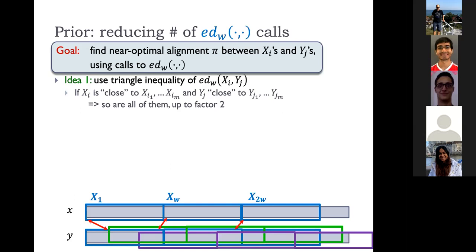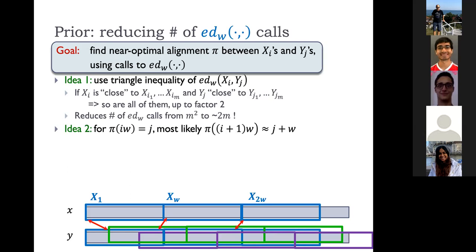Rather than comparing all pairs, we just use the triangle inequality to deduce that a lot of pairs are close. Of course, this needs us to guess who is close to whom to be able to actually compare them and certify. But in principle, at least, it should reduce the number of these recursive calls from m squared to roughly near linear. So this is idea one.